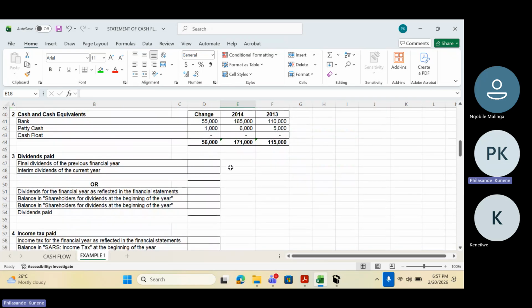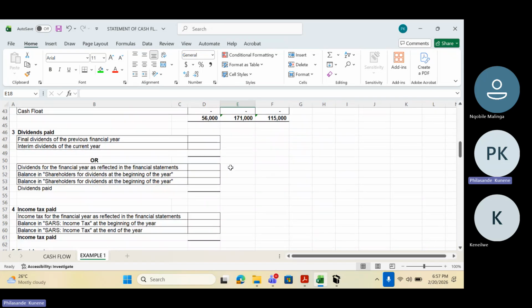Then when it comes to dividends paid, how are we calculating the dividends paid? It says final dividends of the previous financial year.